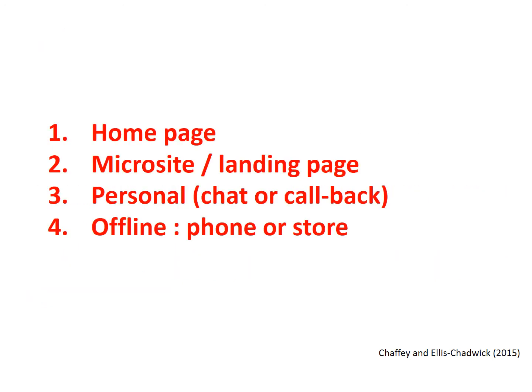So we look at the home page, microsite landing page, personal chat or callback, offline, phone or store. Even with the microsite landing page, you could market different pages by putting keywords and meta tags on different pages, and by putting meta tags in different pages you can actually get high up in the search engine, but you may not get the home page. You may actually get other pages from your website being searched and landed upon.